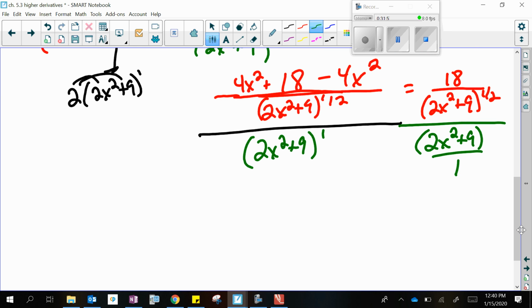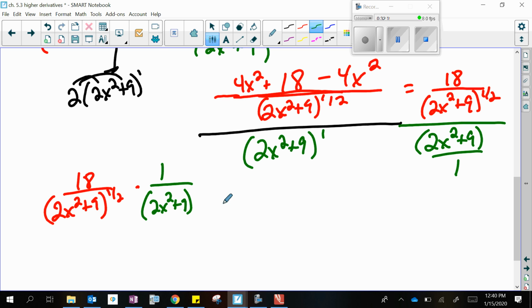So now what do we do? Keep change, right? Now we have a fraction over a fraction. So we're going to say 18 over 2x squared plus 9 to the 1/2 times 1 over 2x squared plus 9.